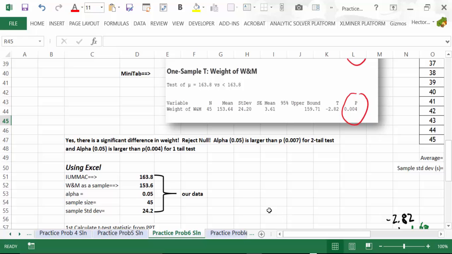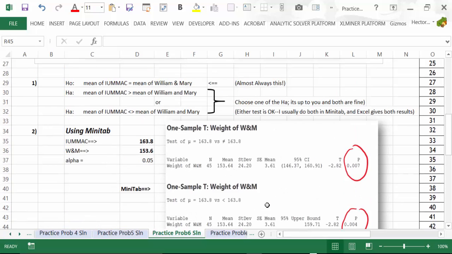Our problem then is to set up, first of all, a hypothesis test, and then second, test a hypothesis, the null hypothesis versus an alternative. So here is our hypothesis test. The mean of the intramural mixed martial arts team at William & Mary is equal to the standard for all schools.